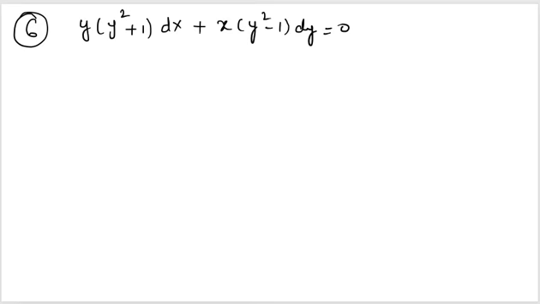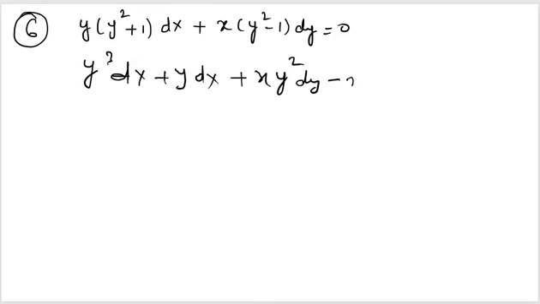Let us do this question, the sixth one. Here I have taken the four terms, so let us figure out how we are going to solve it. Let us open this expression. That will be y cube dx plus y dx plus x y square dy minus x dy equals 0.